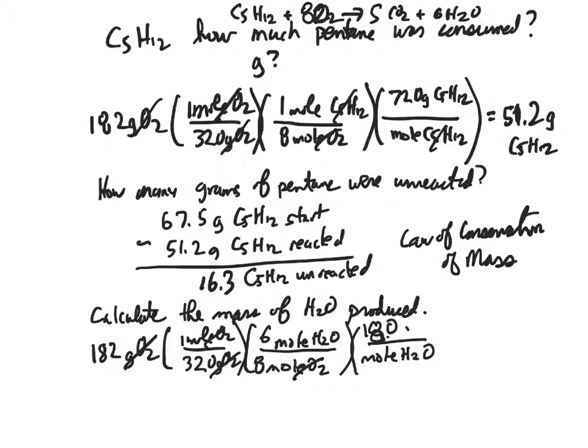It's 18 grams of water is the molar mass of water. We got that from the periodic table. So now moles divided by moles cancels. And that will give us 76.8 grams of water produced.